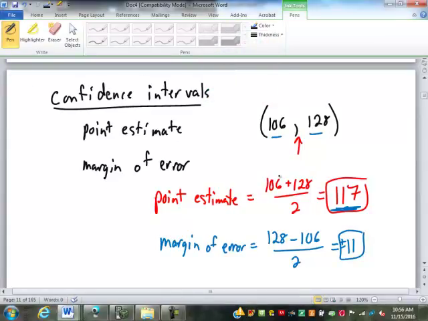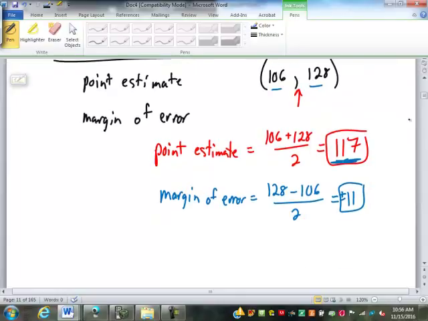So now let's say that we're told that this is a 90% confidence interval. What that means doesn't mean that 90% of all confidence intervals will contain that mean, or 90% will be within that range.